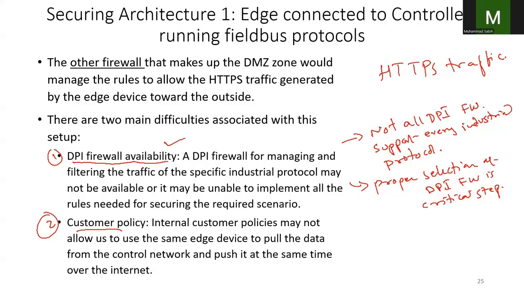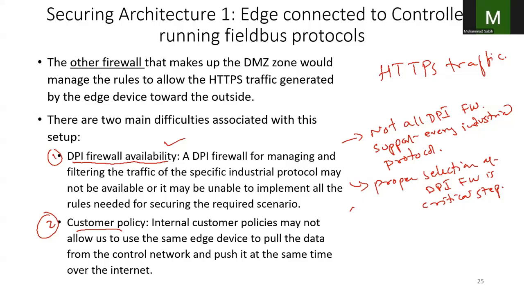The second thing is the customer policy restriction. Often, internal customer policy restricts the use of a single edge device for both pulling the data from the control network and pushing it to the cloud or internet.